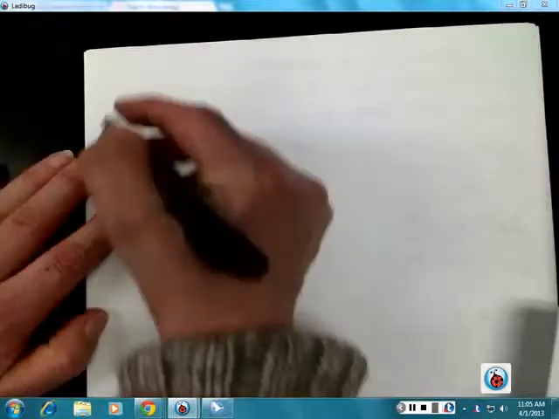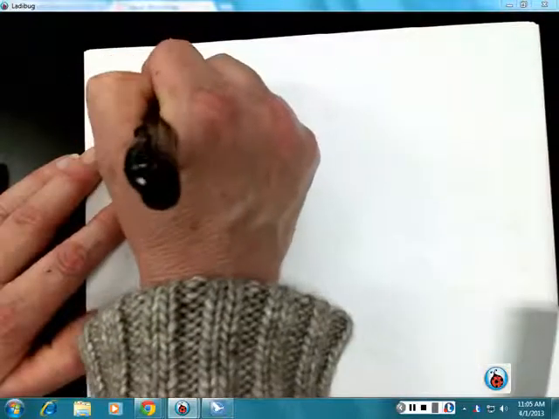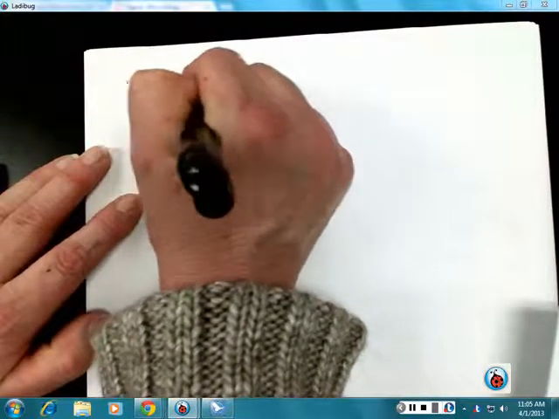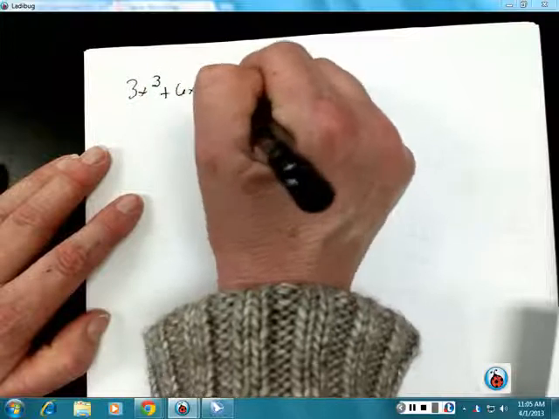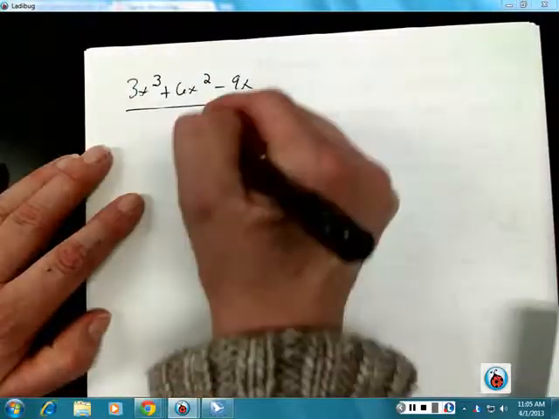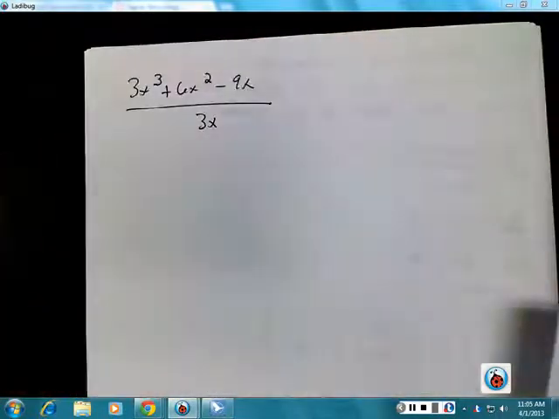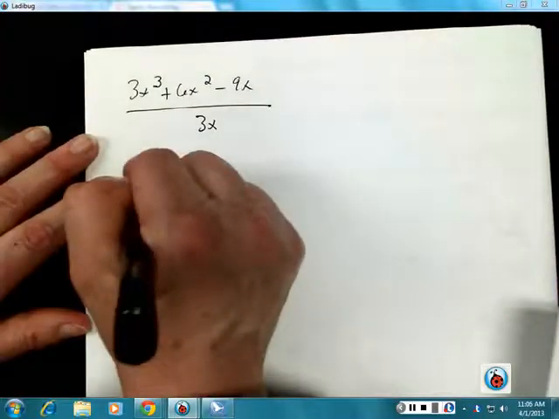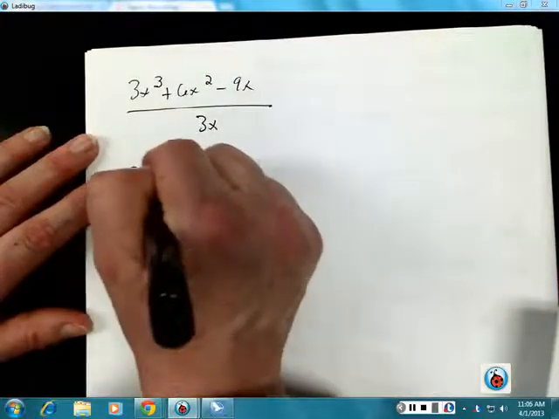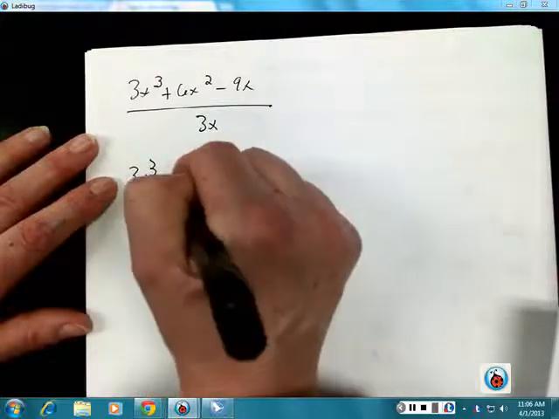So here's another one. If we have 3x cubed plus 6x squared minus 9x all over 3x, what will come out of this one? So each piece gets a 3x under it.